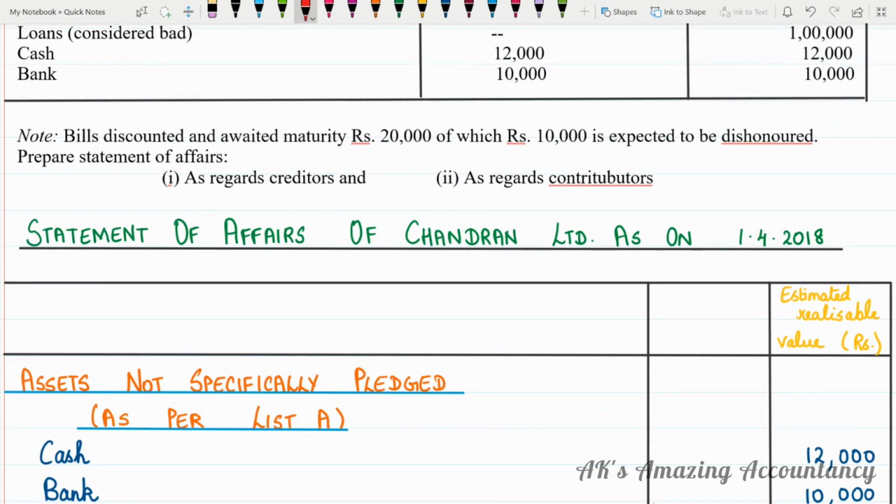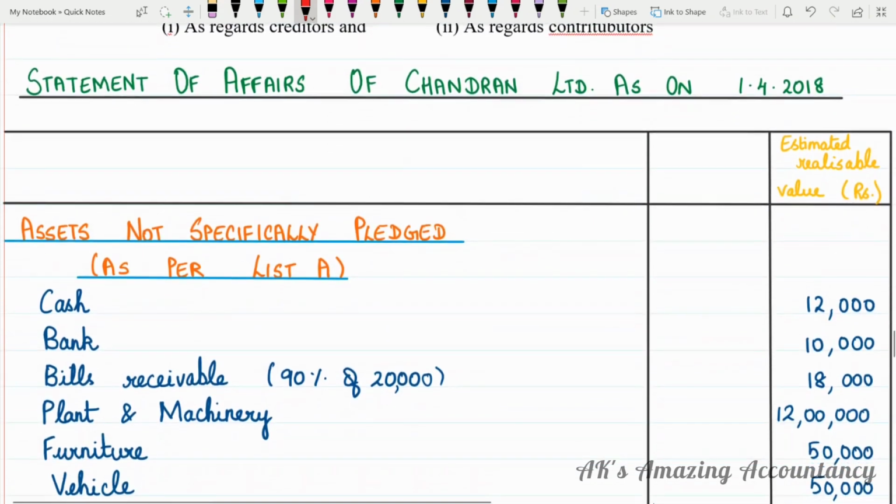Now, when you prepare the statement, for the amount column, you have to give the heading as estimated realizable value. So remember, we are going to take all the assets not at their book values, only at the estimated realizable values. So write estimated realizable value in rupees.